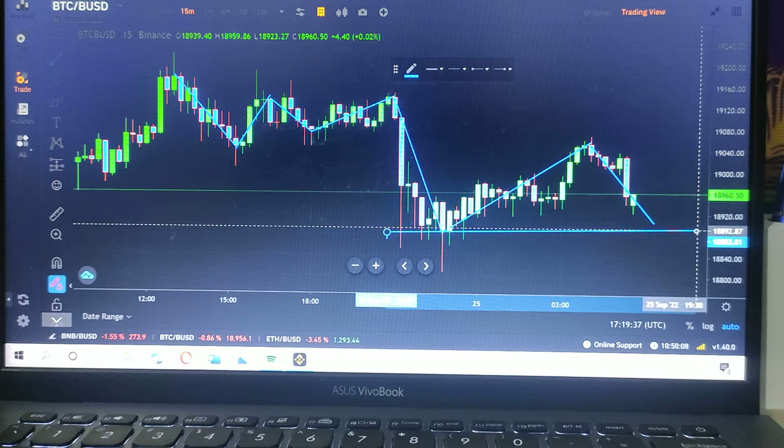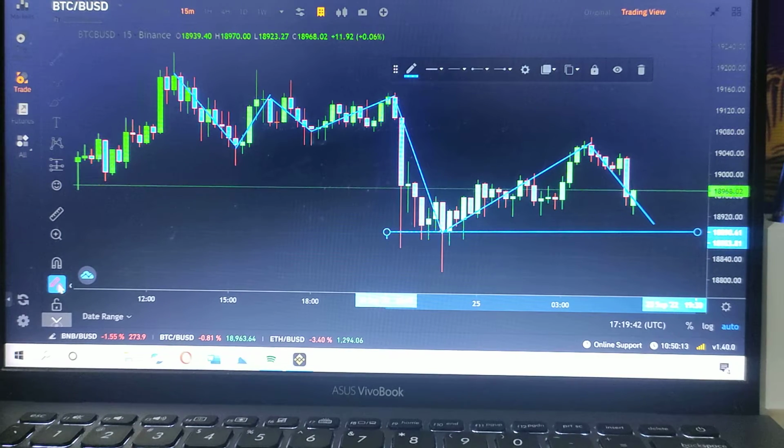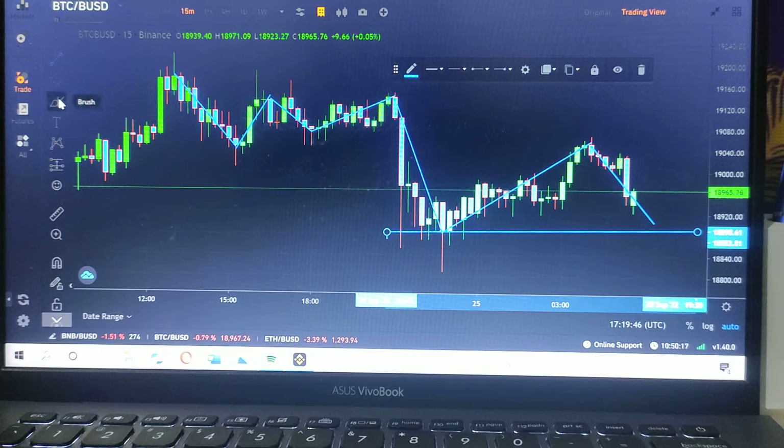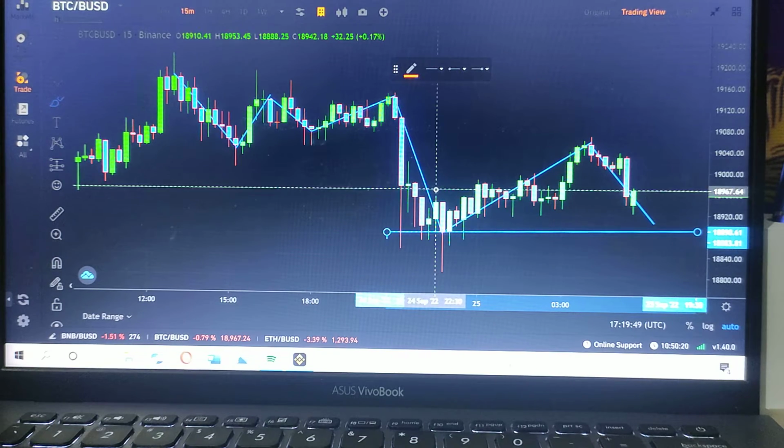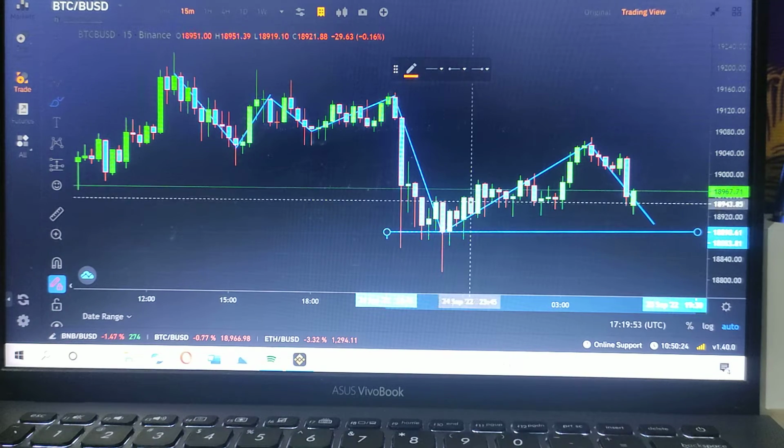This resistance is supposed to touch. If not touching this, it is not a strong resistance. You can see here, you can check. Let's use this also.